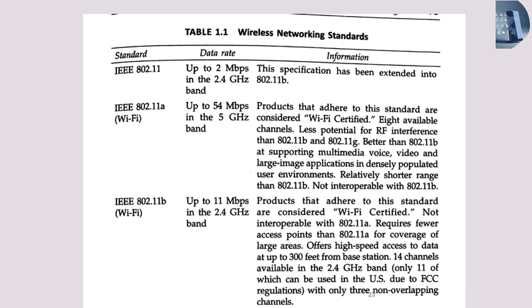And the second standard, that is IEEE 802.11a for Wi-Fi, provides a data rate up to 54 Mbps in the 5 GHz band. Products adhering to the standard are considered Wi-Fi certified. 8 available channels, less potential for radio frequency interference than 802.11b and 802.11g.